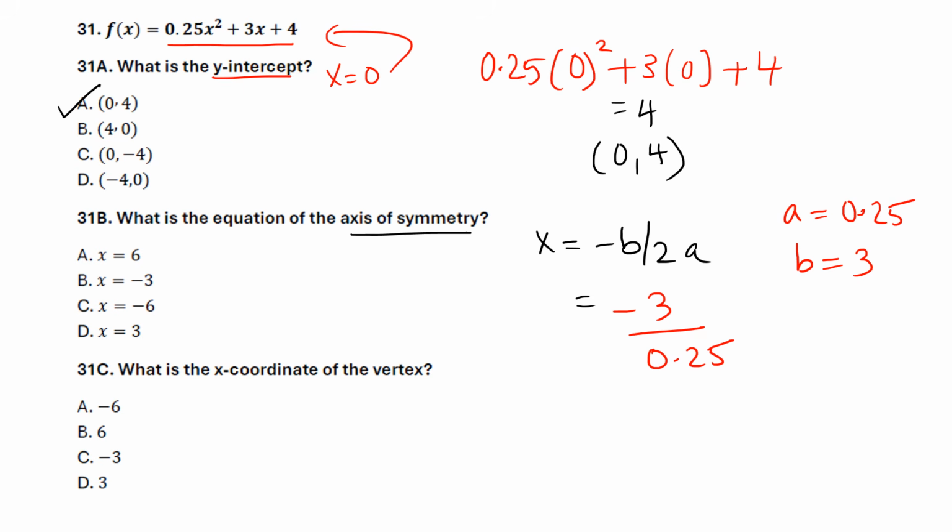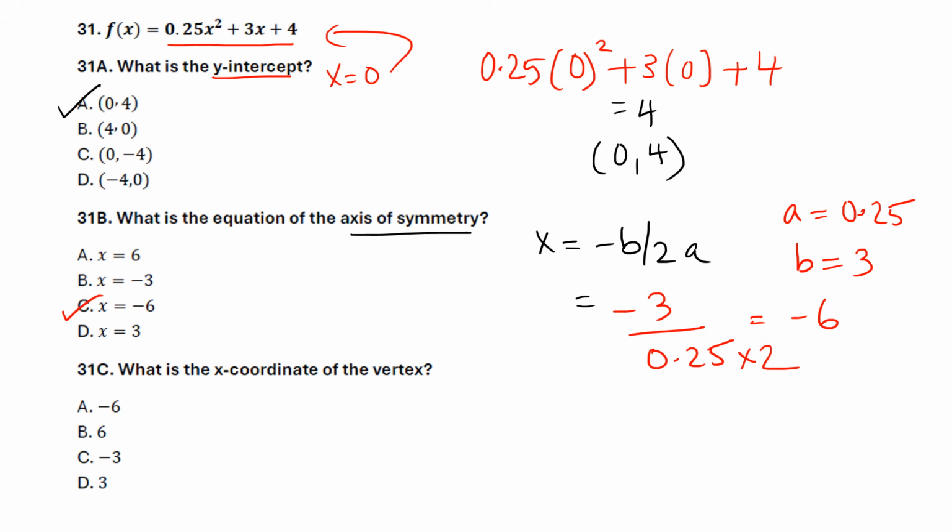Use your calculator. Also, don't forget to multiply by 2. There is 2 times a, so it will be 0.50. Minus 3 divided by 0.50, so that's going to be minus 6. So x is minus 6.